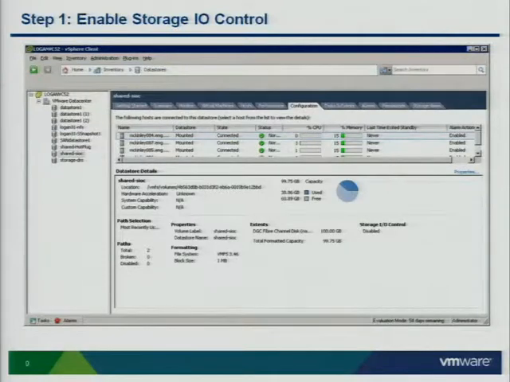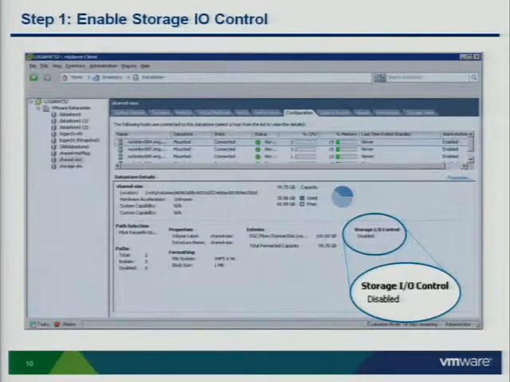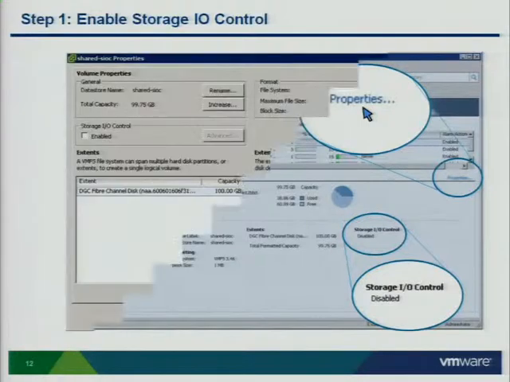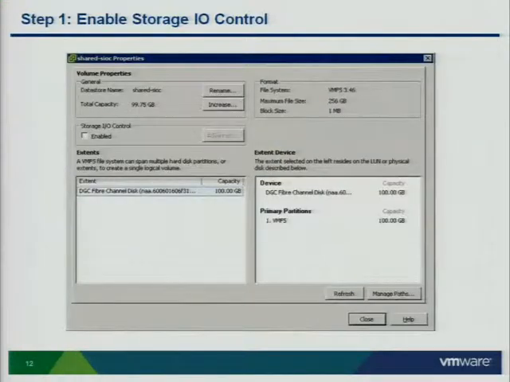So here is a screenshot where we are looking at all the data stores on the left-hand side in the data center, and we are at the configuration tab. You can see on the right-hand side there is a small link that says storage IO control is disabled. Now, if you go to the corner and click on properties for that data store, you would get this view in which there is a small check mark which says enable storage IO control.